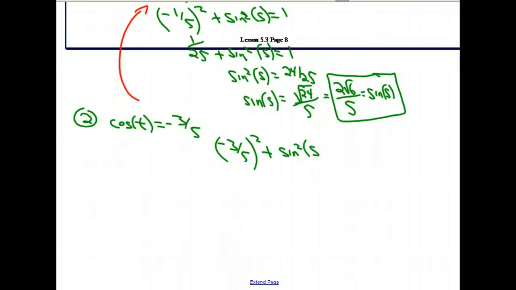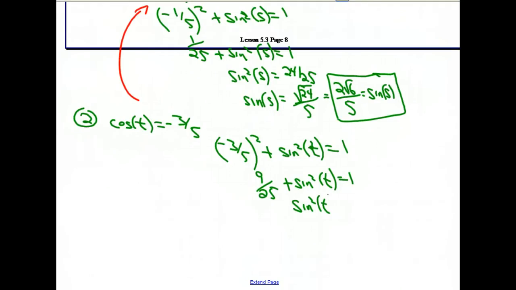This time we're doing the angle t, aren't we? So sine squared of t equals 1. I'll square that out. Any negative squared is a positive. I get 9/25 plus the sine squared equals 1. I'll subtract the 9/25.